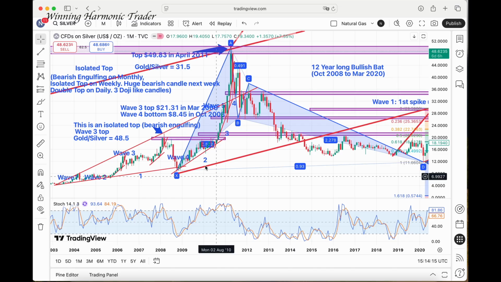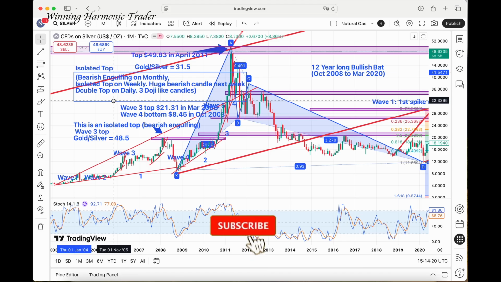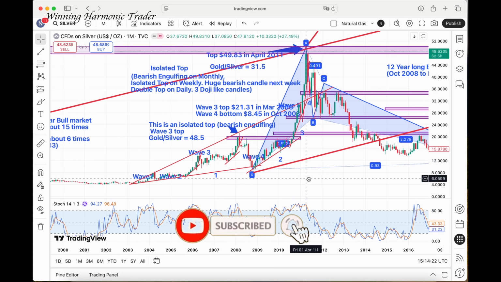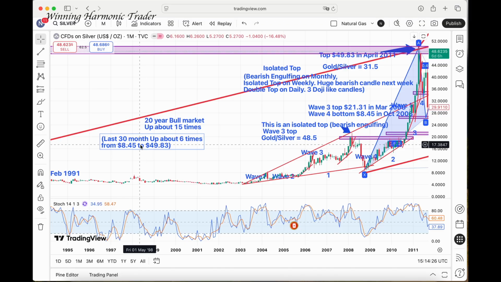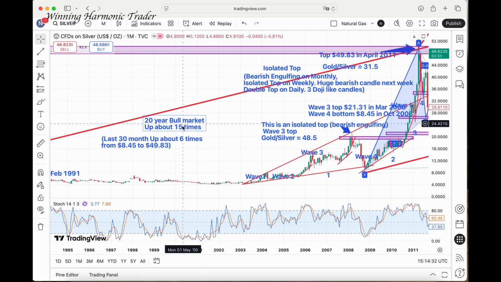So in the last bull market, in the last 30 months, it went up 6 times, right? During the entire bull market, it went up 15 times, but at the last phase, within wave 5, it went up 6 times, right?